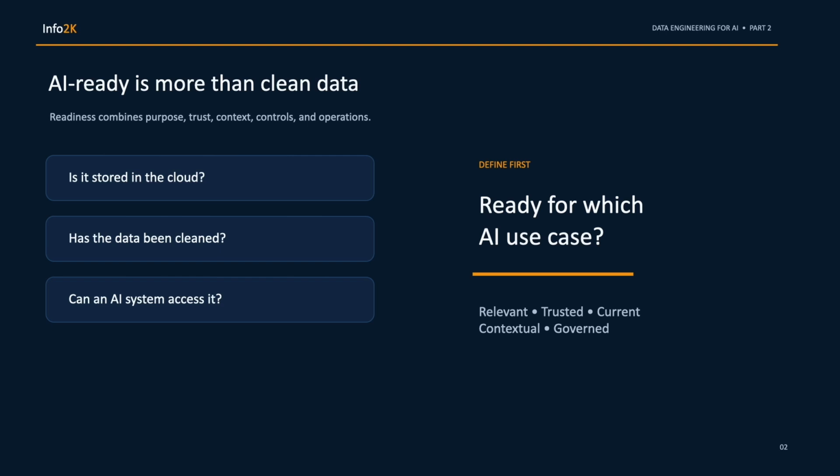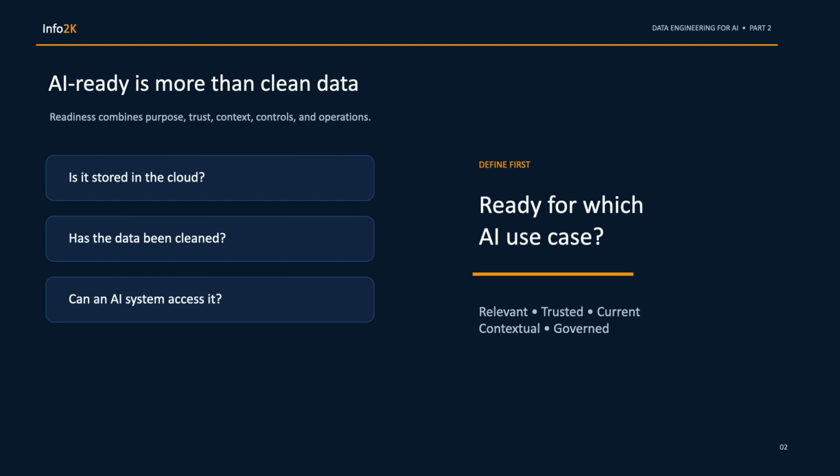It can be complete but several months out of date. It can be accessible to an AI system but lack the permissions needed to protect sensitive information. It can be accurate at the field level while missing the business or clinical context needed for correct interpretation.